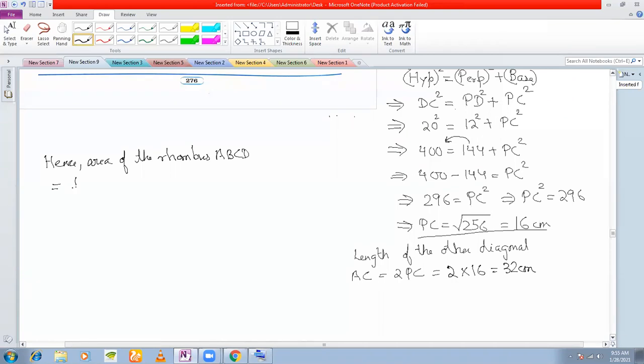Write the formula: half, rather, product of the length of diagonals, which is equal to half.